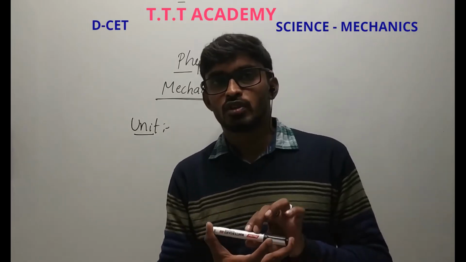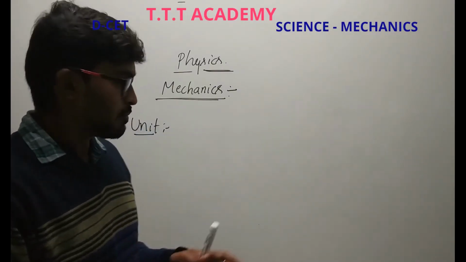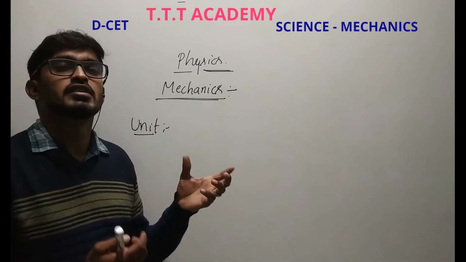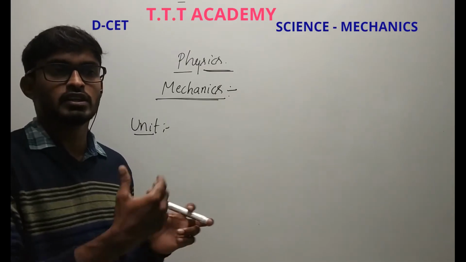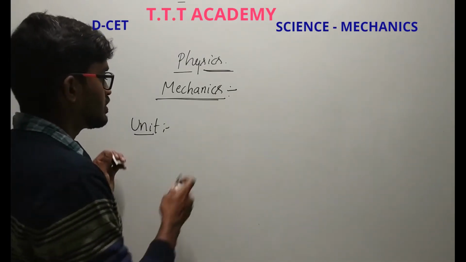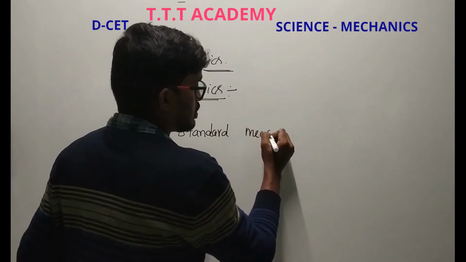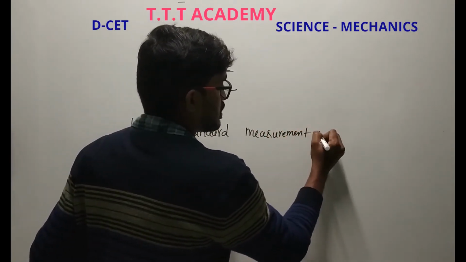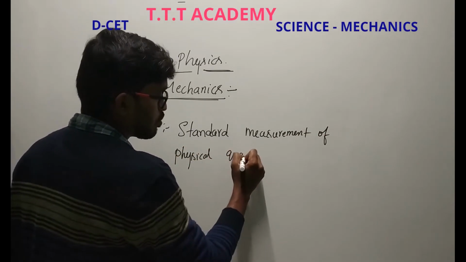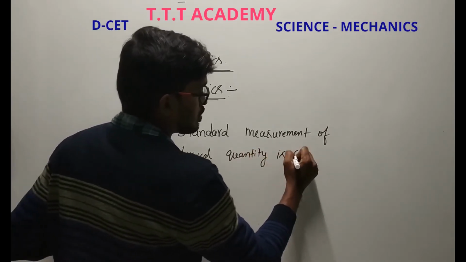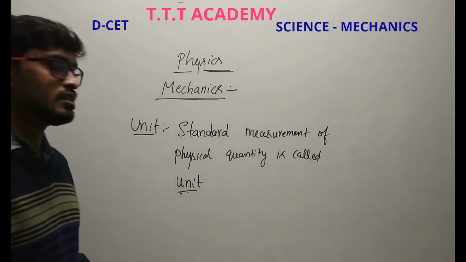How do we measure it? By comparison with some other standard quantity, that is called measurement. We find the length or size of the object by comparison with standard physical quantities like meter and kilometer. This standard measurement of a physical quantity is called a unit.